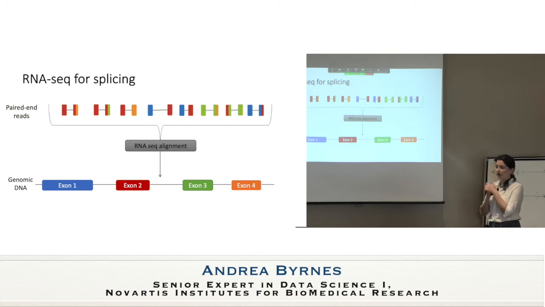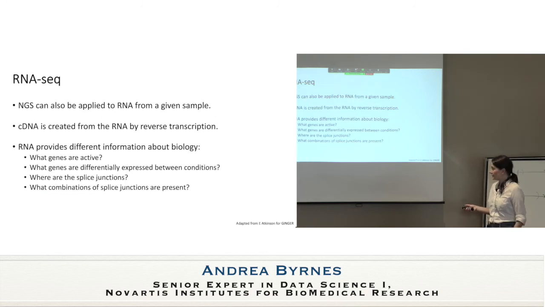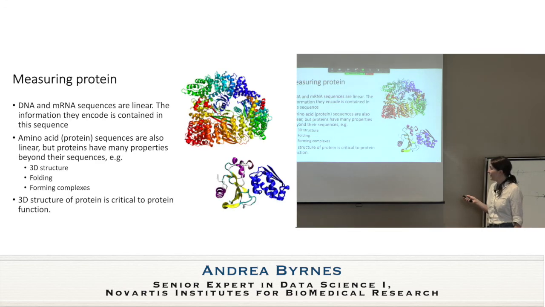You can discover previously unknown splice junctions using this technology and the set of computational tools that are available. So we talked about RNASeq, and all the different things that it can measure, with a little bit of an emphasis on splicing, because that is something that I work on.